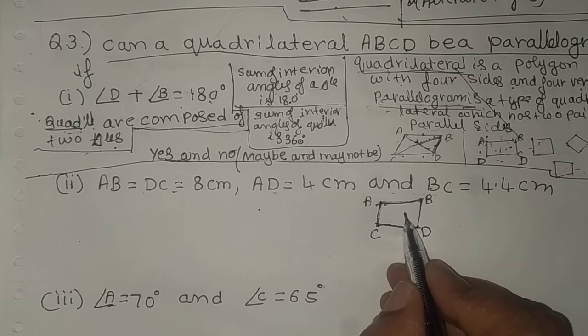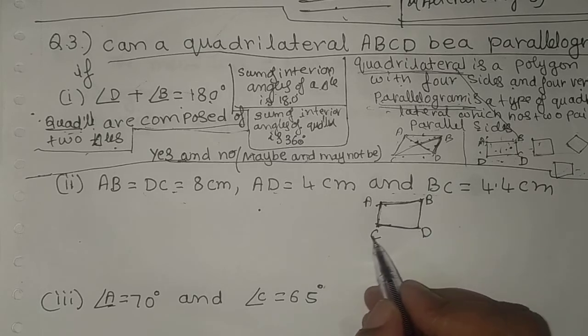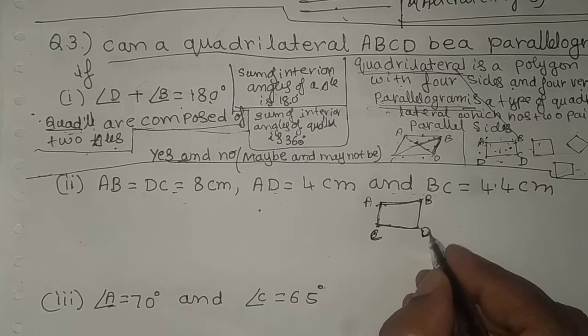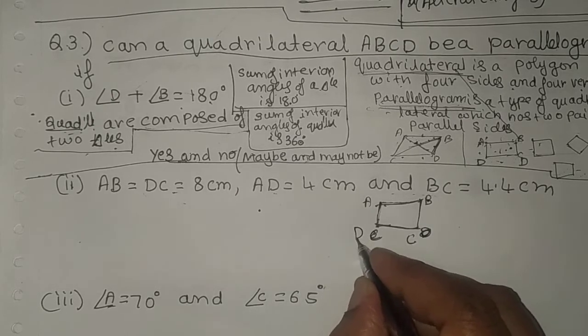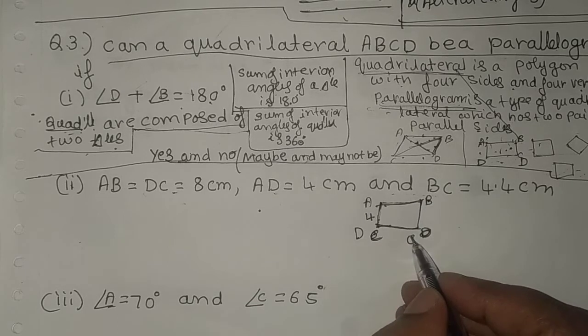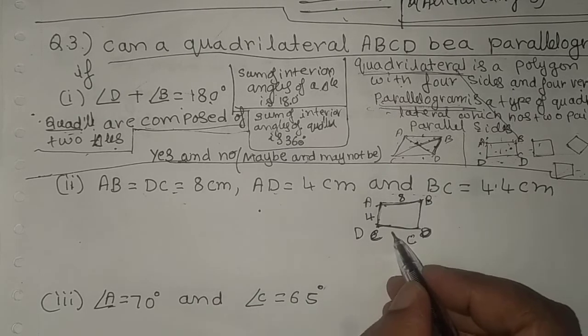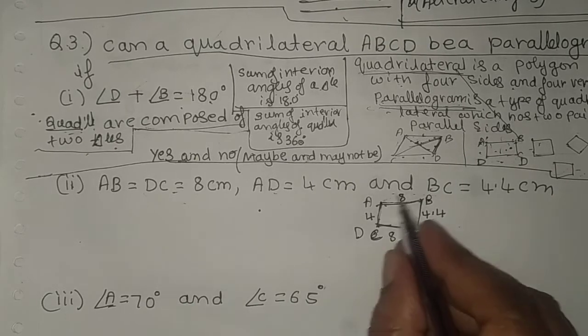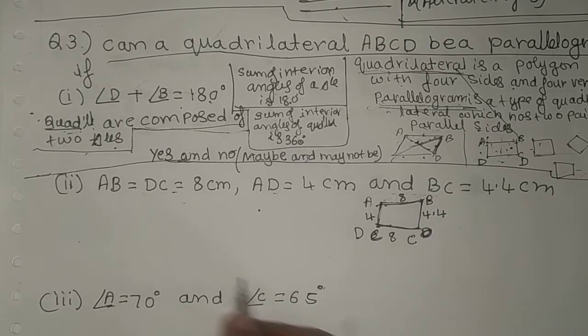AD is given as 4 centimeters, AB and DC are equal, therefore 8 centimeters, then 4.4 is BC. So write down this diagram and substitute these values.